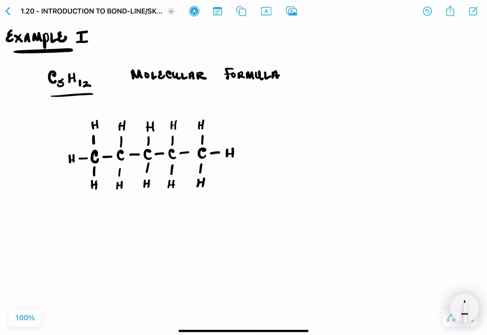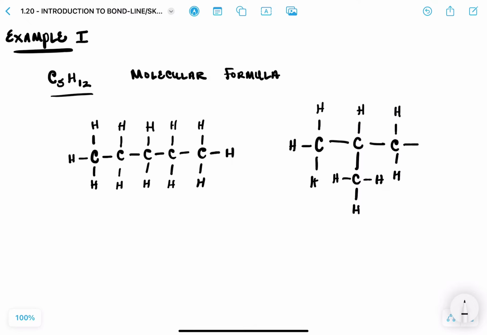Another way to draw that molecular formula would be to have a branch coming off. Now if I count up my carbons and my hydrogens, I have 3, 6, 9.